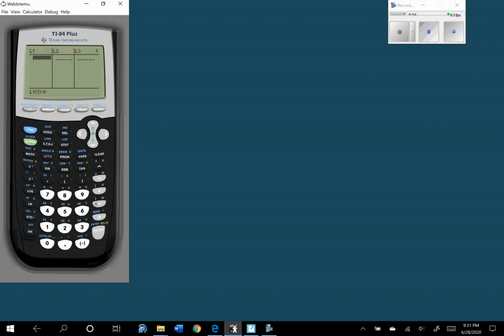So in list 1 goes your n value. So 1, 2, 3, 4, 5, 6, and 7. And in list 2 is the nth term, so the a sub n. 1, 3, 5, 7, 9, 11, and 13.